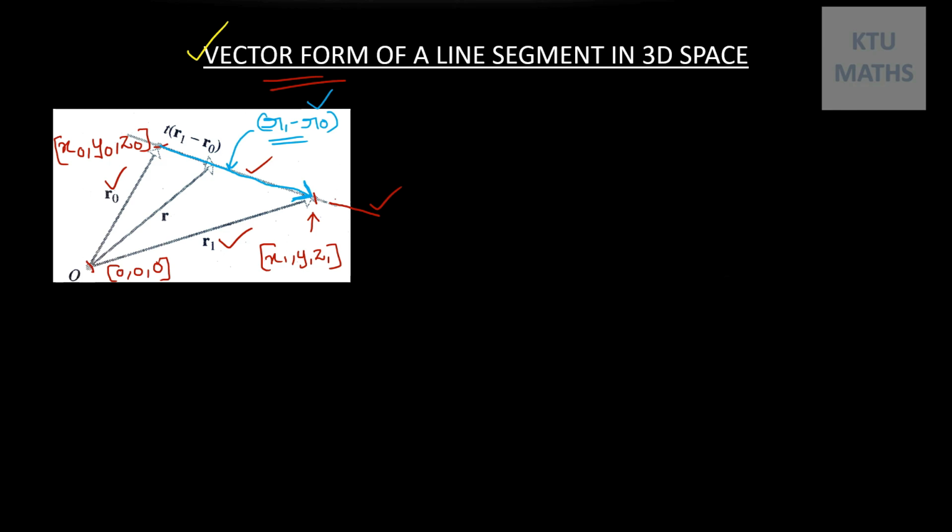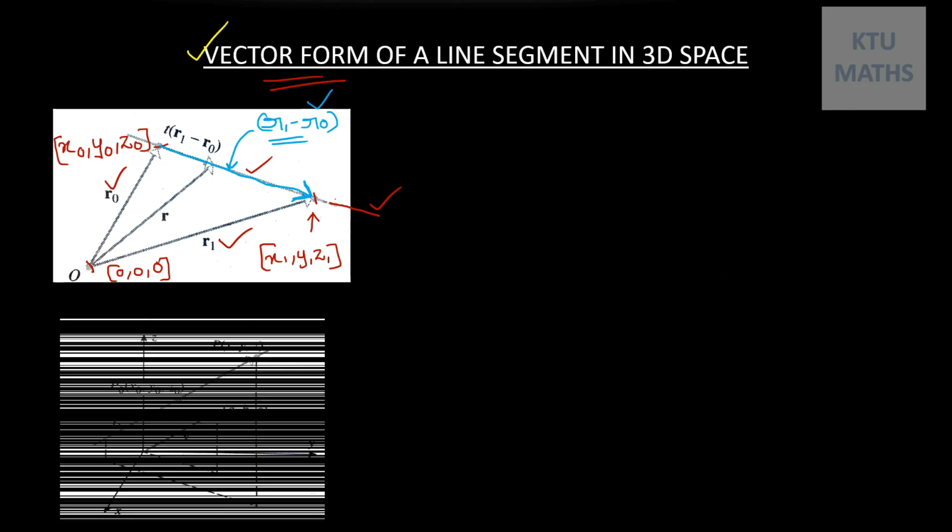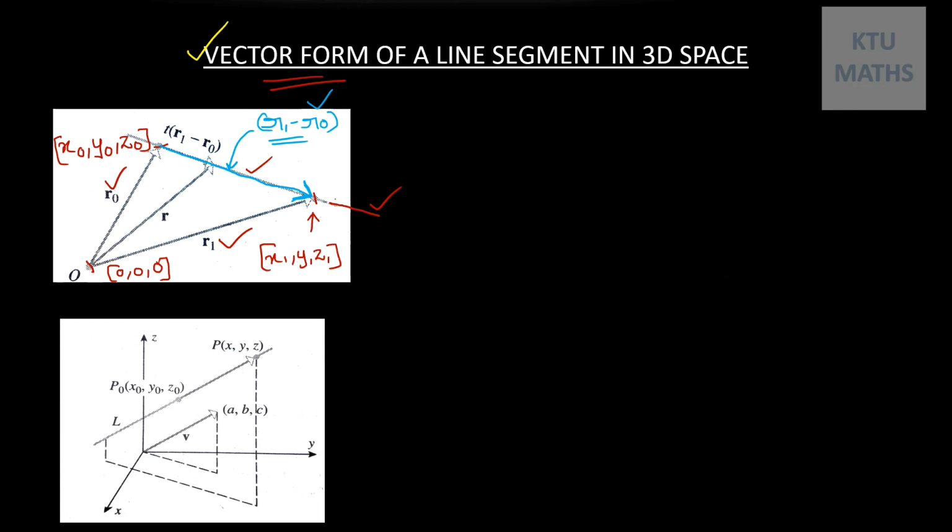But before that, we need some more basics of vector form, and we can understand that by referring to this diagram. Suppose that there is a vector that we know, called v, and its terminal point is a, b and c. And we also know another vector, p0, and its terminal point is x0, y0 and z0.